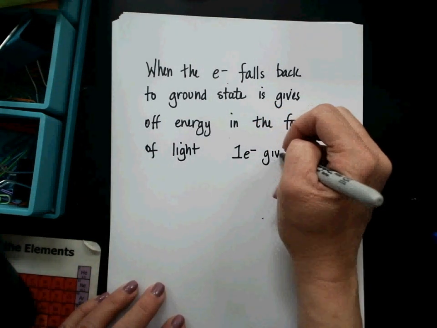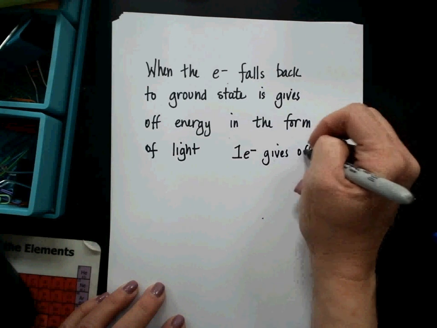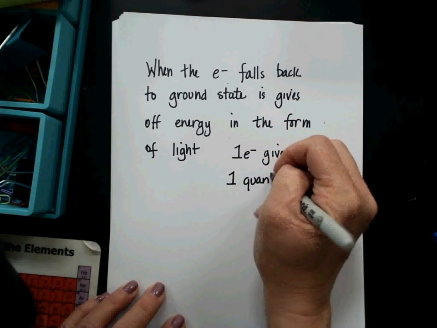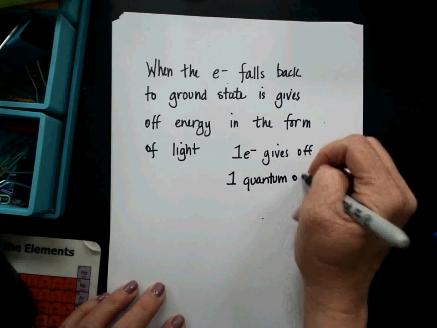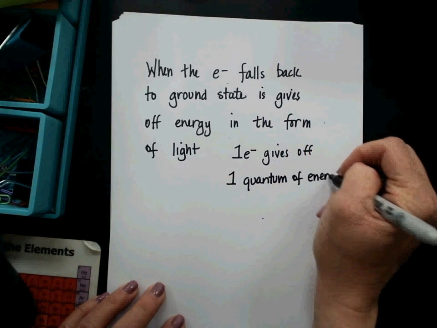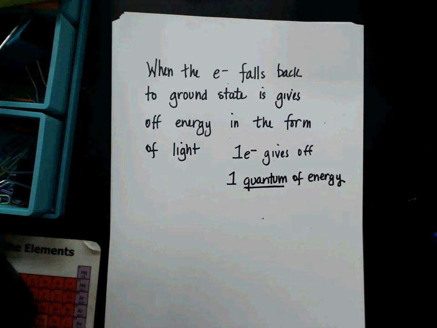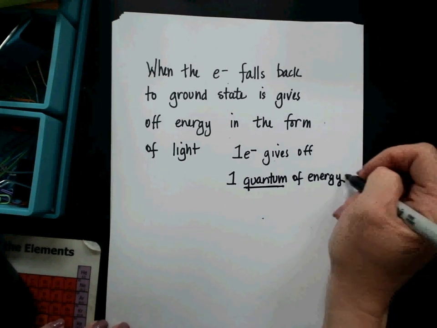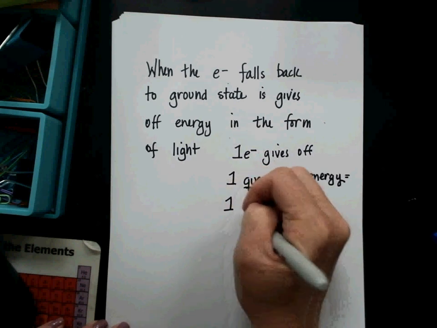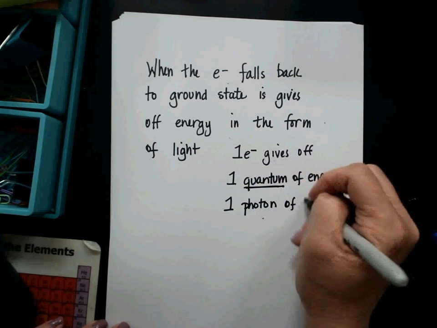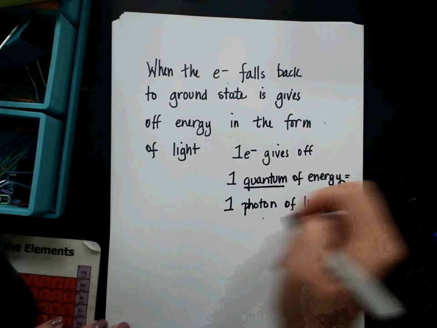One electron gives off what is called one quantum of energy. So a quantum is the amount of energy one electron gives off when it falls back down. And that is equal to one photon of light.